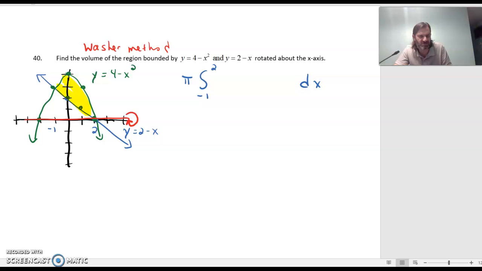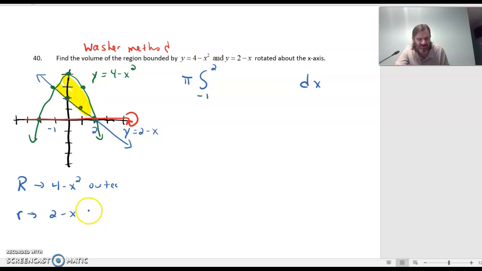So what do we have here? We need a big R for the outer radius. It looks like that's going to be our parabola, which is already a function of x. So 4 minus x squared is our outer, all the way from the line to the far end. And then our inner is y equals 2 minus x.